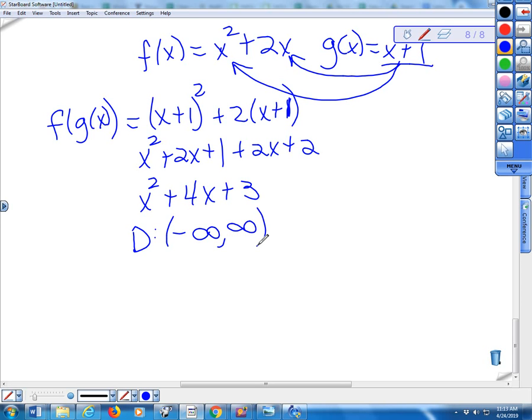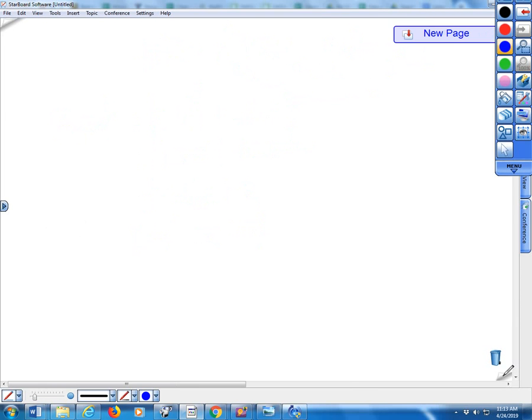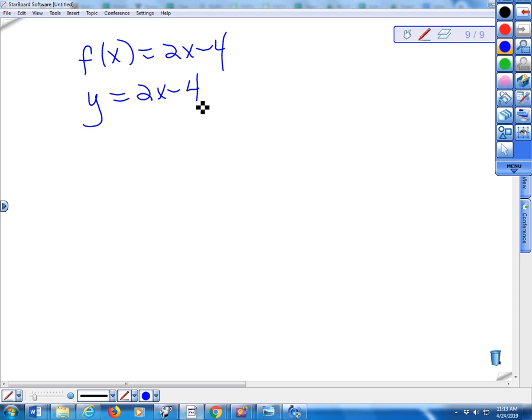All right, inverse functions. I have more room. So I'm given f of x equals 2x minus 4. So that's the same as y equals 2x minus 4. To find the inverse, I just switch x and y and solve for y.